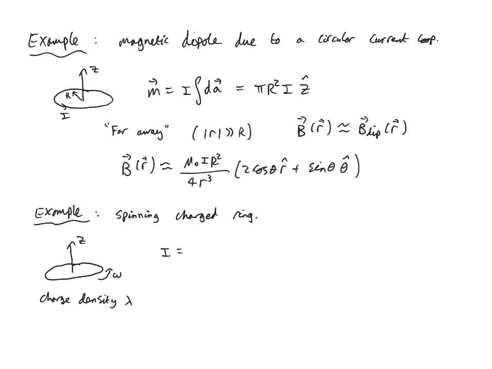What is the current? It is the rate of change of the charge, meaning dq by dt, in a 1D configuration anyway. And this is 2 pi R lambda over 2 pi over omega. Okay, where did I get that? So on the top there, I wrote dq. What is the total amount of charge in the ring? It's the circumference of the ring, 2 pi R, times the charge density per unit length, lambda.